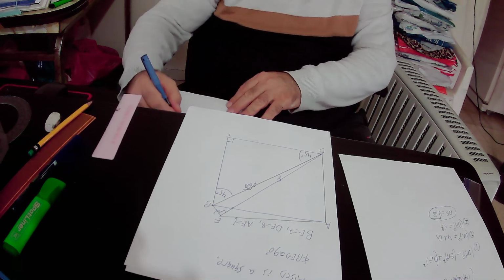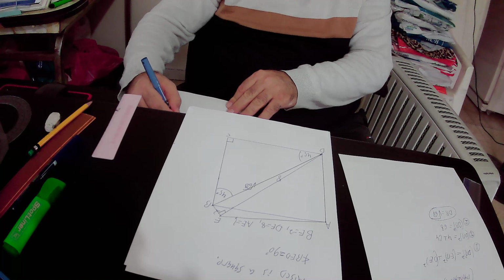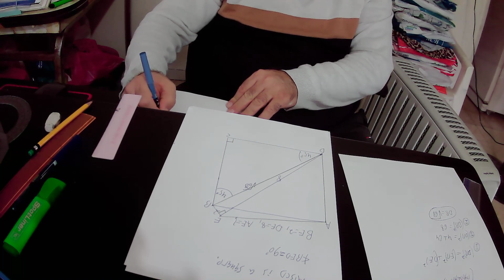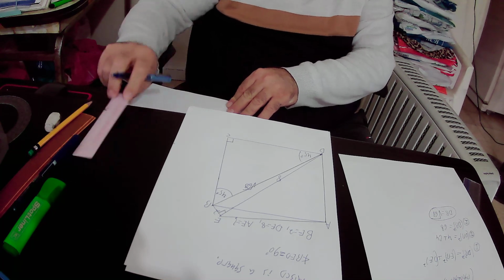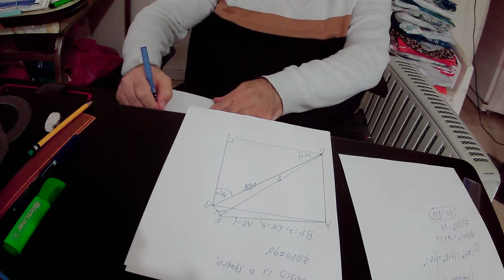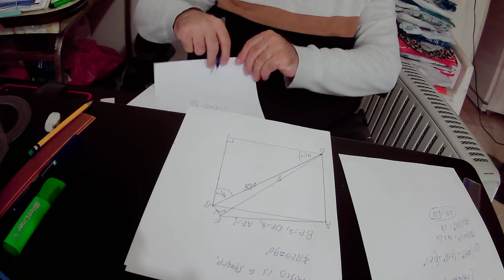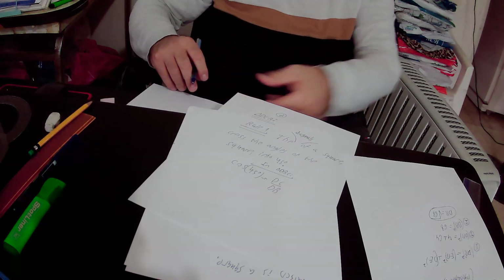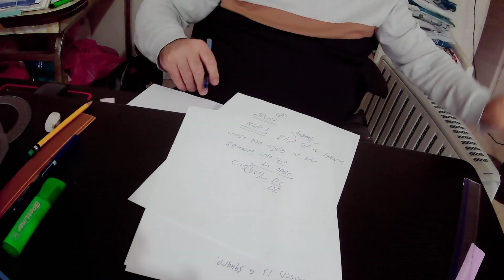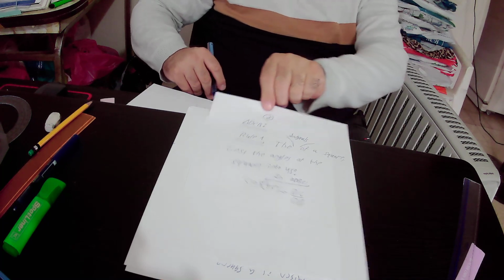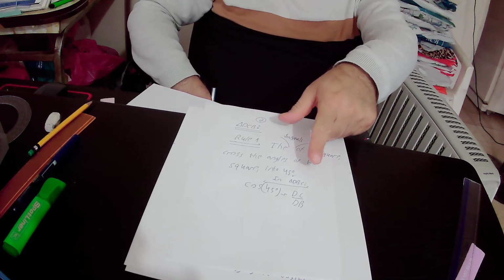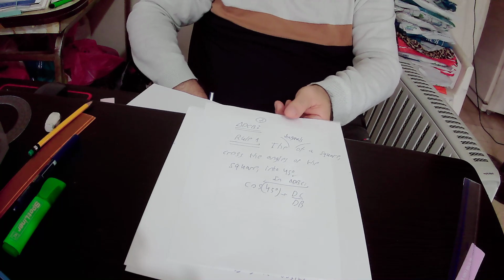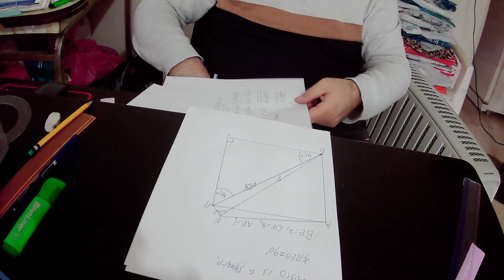I will repeat again. In the right triangle DCB, cosine 45 degrees equals DC over DB. Okay?